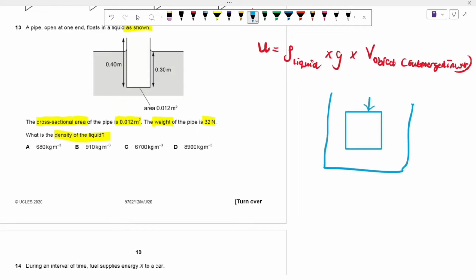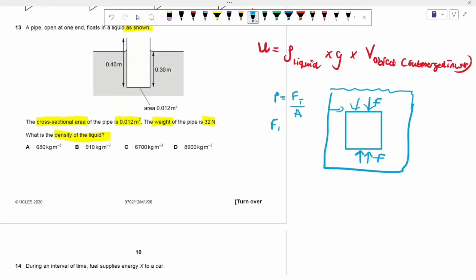So it's going to experience a force that will be up here. Then it's going to experience another force that will be down here. But if you know anything about things that are in a liquid, it's that pressure increases with depth, right? So you can find the force acting on this because you know that pressure will be equal to the force at the top divided by the area that is exposed.